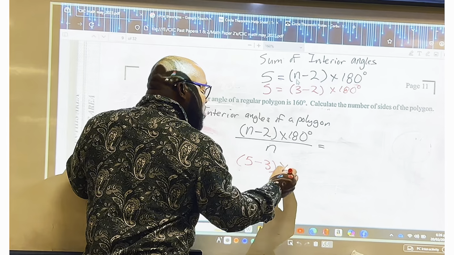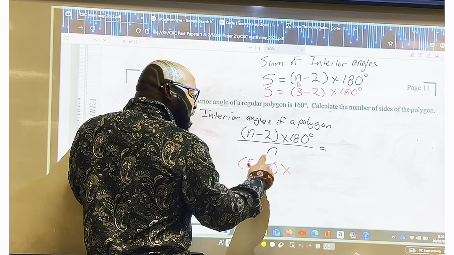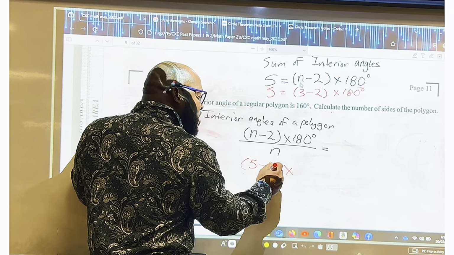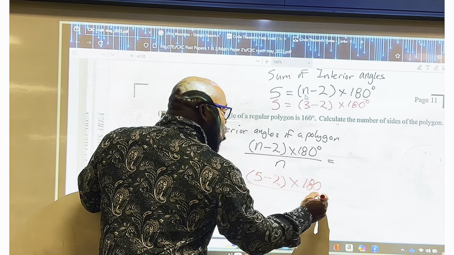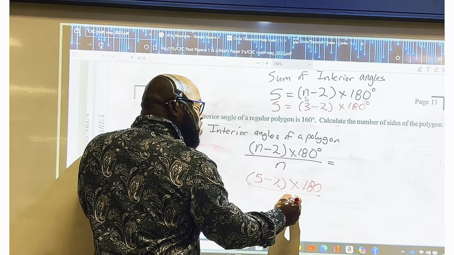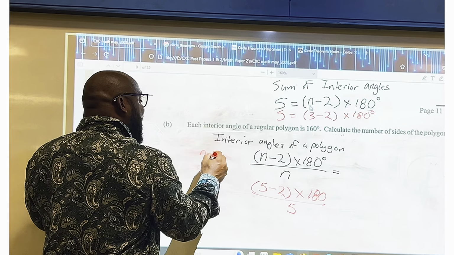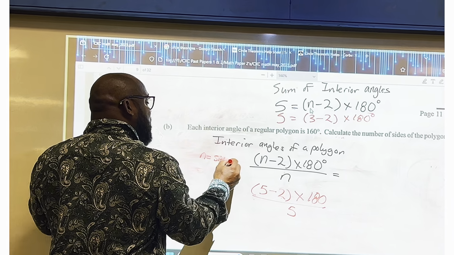Let's go. 5 sides. You take away 2, times 180, over what? 5. So n represents the sides. We write that somewhere. n represents the sides. Good.